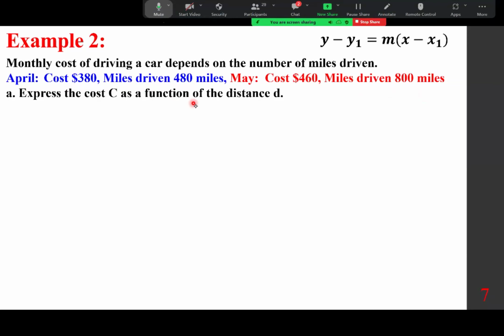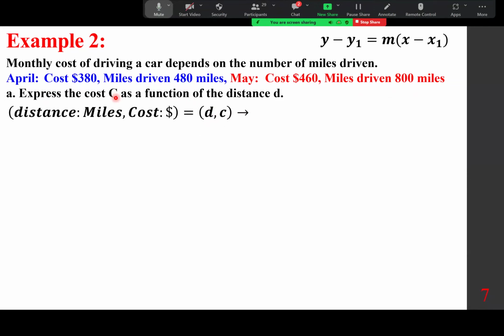And we're going to express the cost C as a function of the distance D. First, (x, y) changes to (D, C). Bear in mind, how do you figure this out?